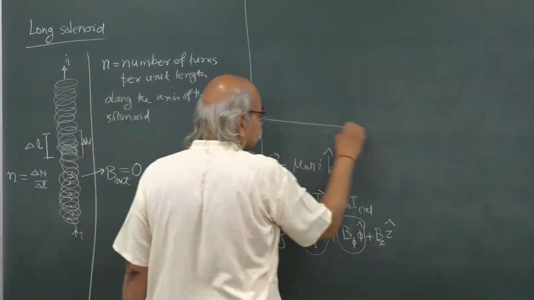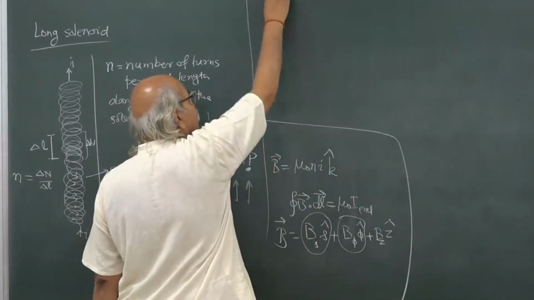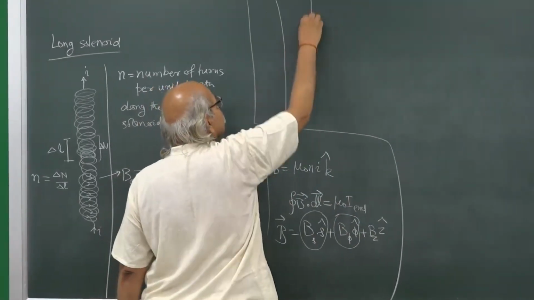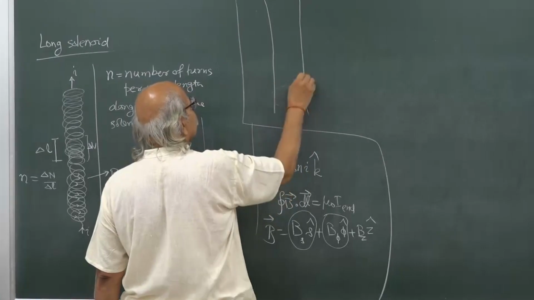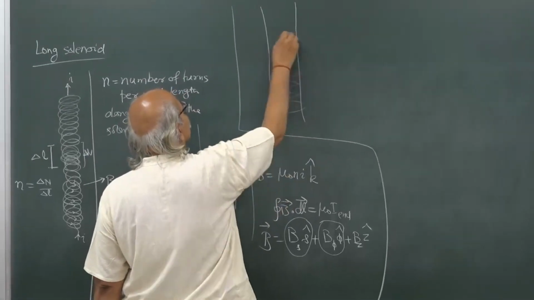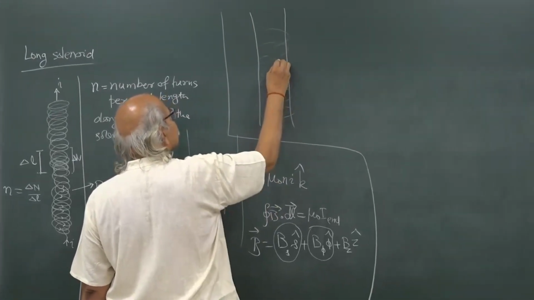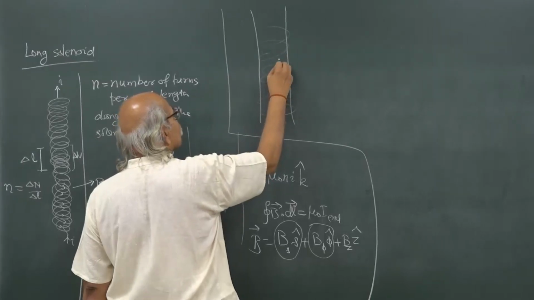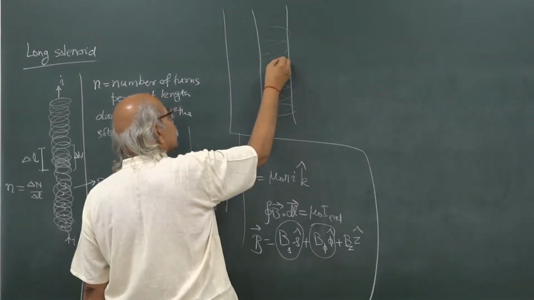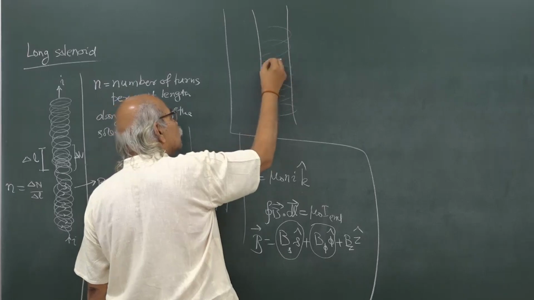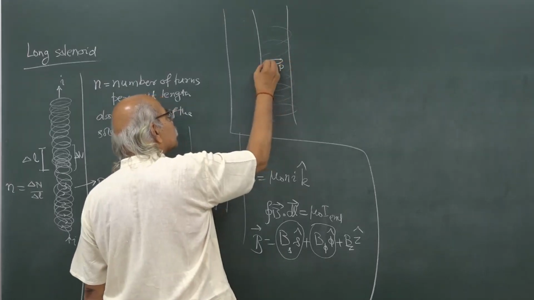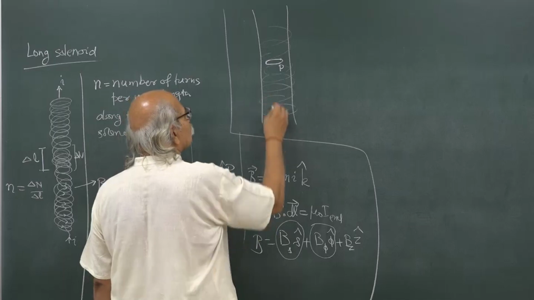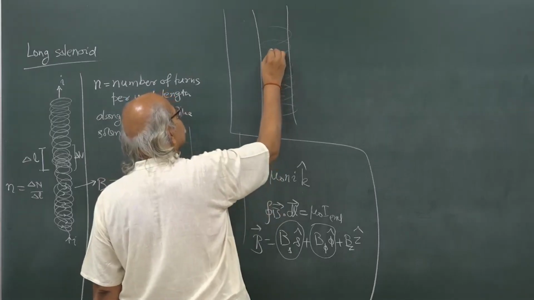Think of this solenoid, with all these turns, and inside you have a point P. Take a circular loop passing through this P, coaxial with the axis of the solenoid.